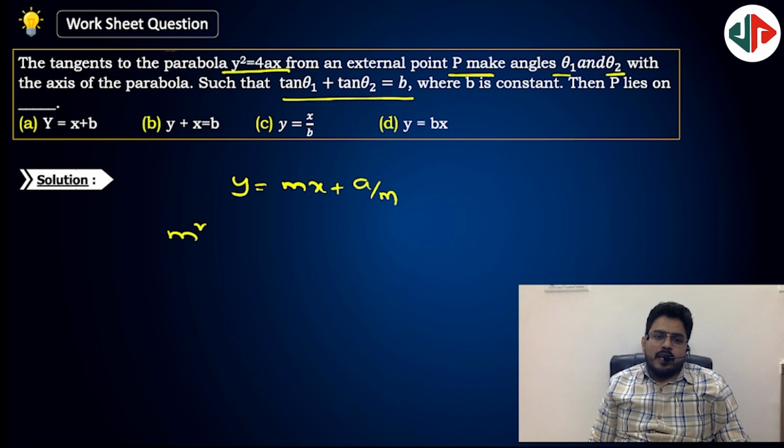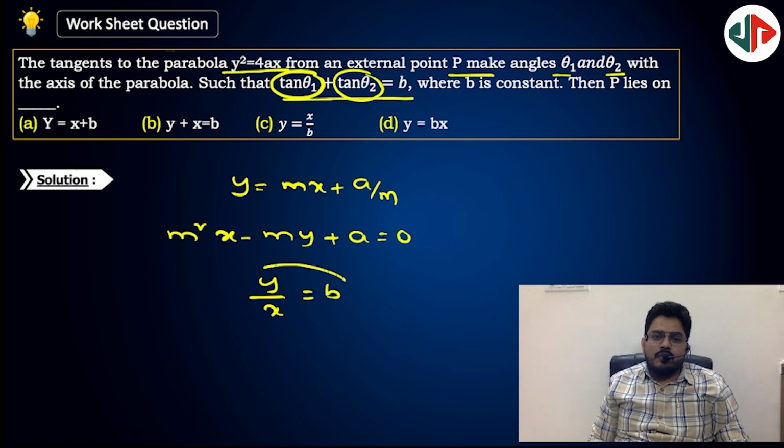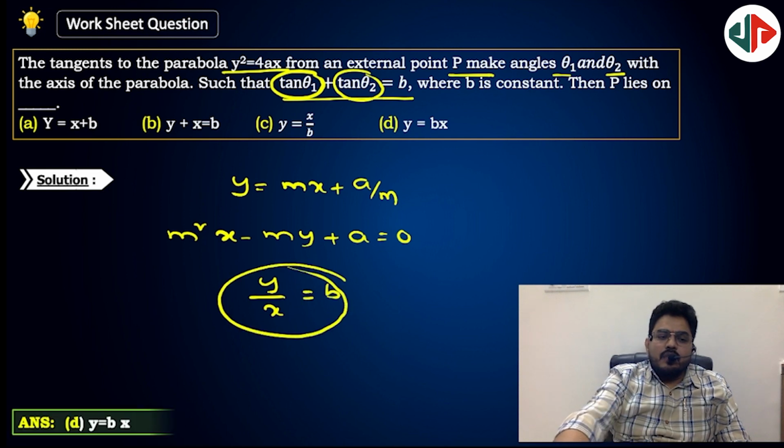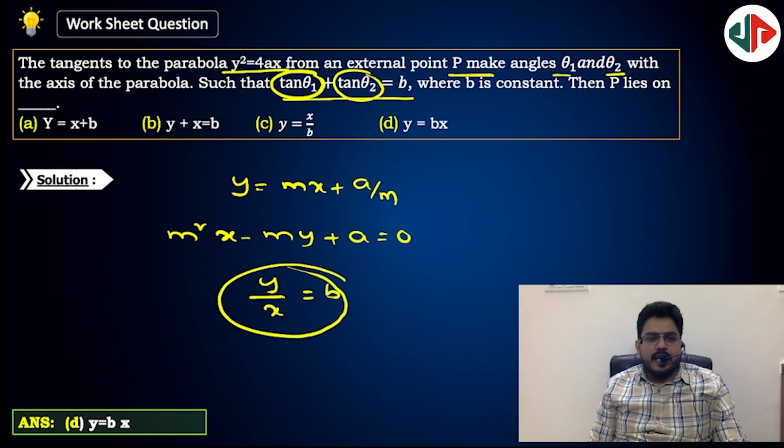So m square x minus my plus a is equal to 0. So tan theta 1 is m1, tan theta 2 is m2. m1 plus m2 is equal to y by x is equal to b. So the answer is y is equal to dx.